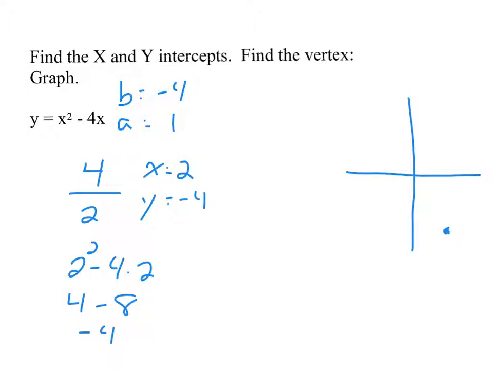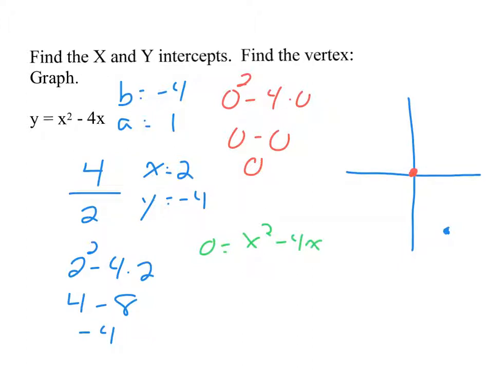To find my y-intercept, that's the easiest thing to do, and you guys know that. We're just going to plug in 0 for x. So I have 0 squared minus 4 times 0, which is 0 minus 0, which is 0. So I have my y-intercept at 0. And now to find my x-intercepts, I'm going to solve this equation. I'm going to let 0 be y. So 0 equals x squared minus 4x.